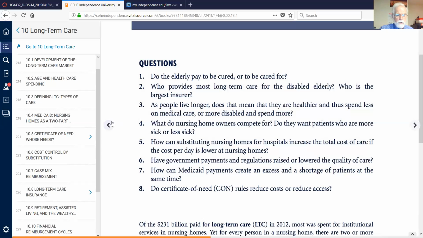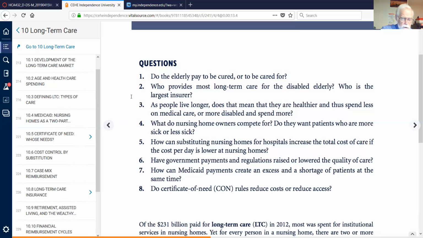We talk about lower cost of care at a nursing home, but the lower cost of care is a mixed bag as well, because the way those prices are controlled is to really cut the costs of operating the nursing home. You cut staff, you cut services. If you've been in nursing homes, you've seen that there are times when the way the patients are treated is not very good.